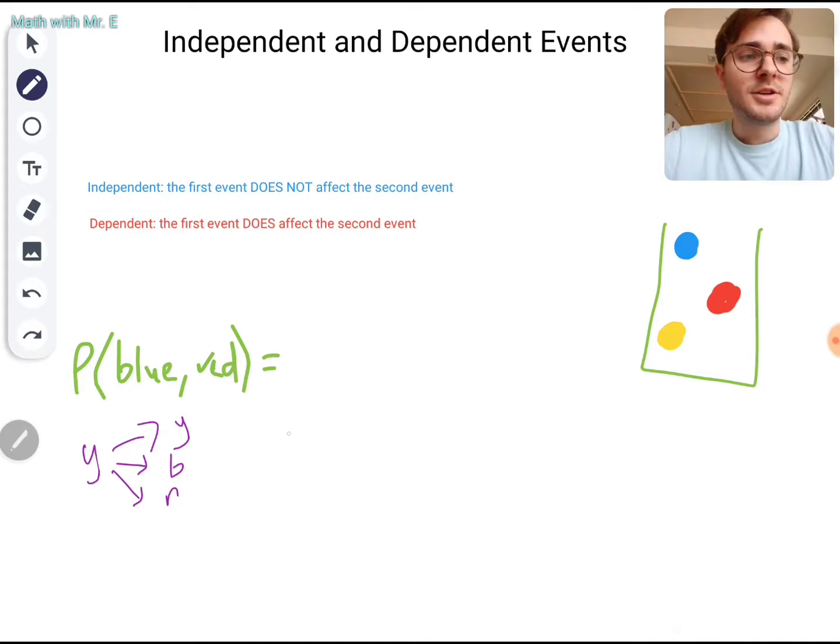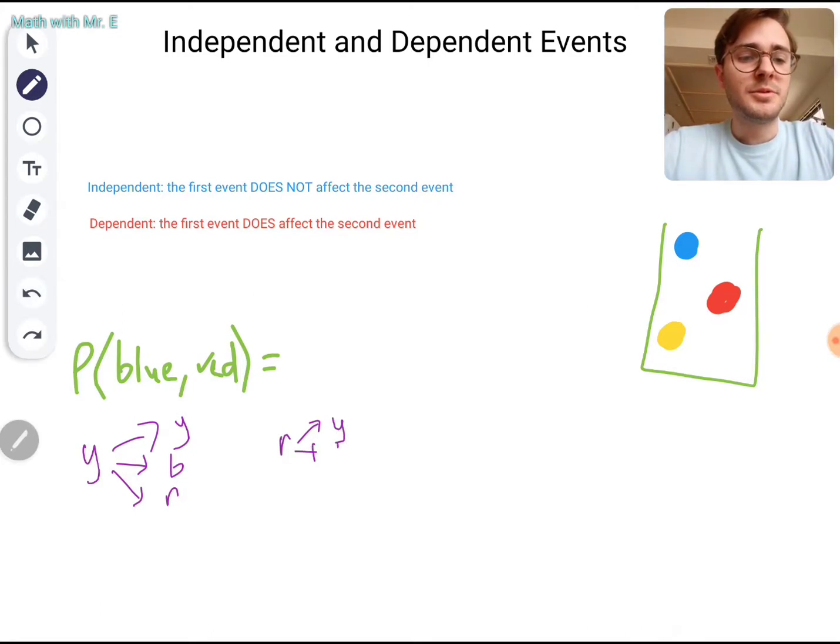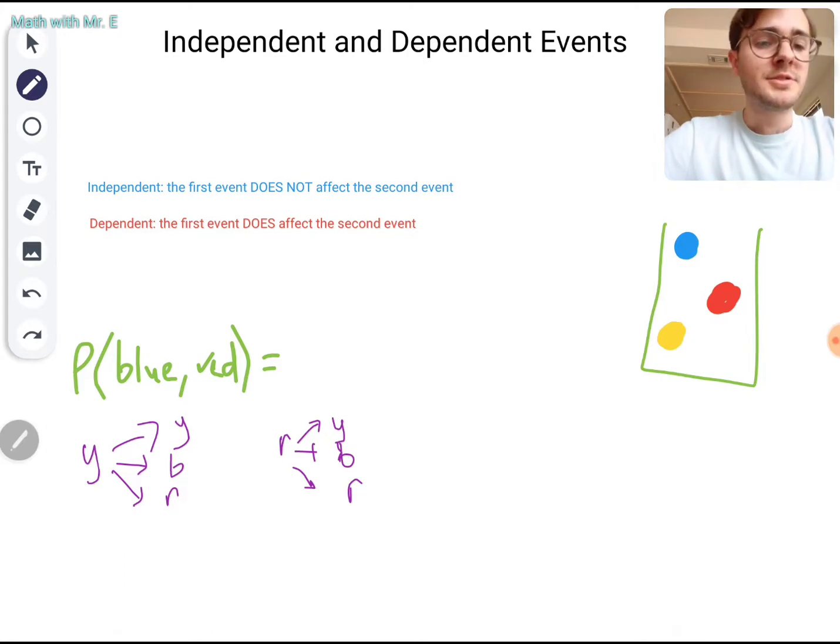I could also draw red first and then yellow, red first and then blue, or red first and then red. These arrows are just a mess, I apologize. Or I could draw blue first and then yellow, blue first and then blue, or blue first and then red.